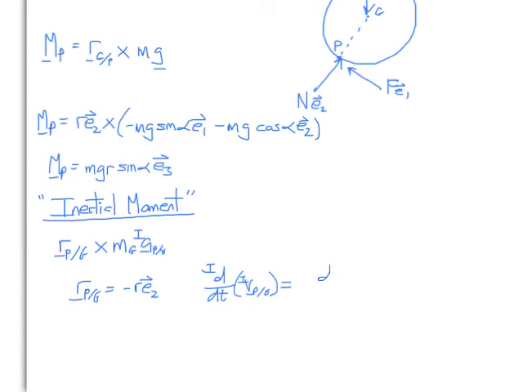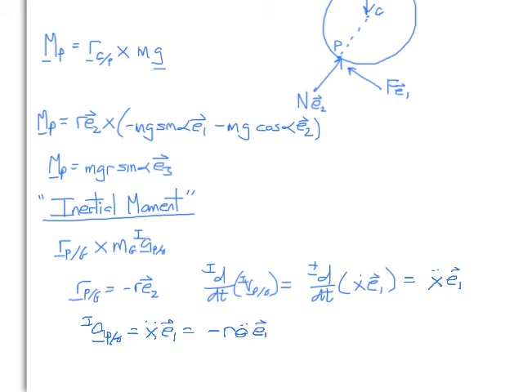This is the time derivative of x dot in the E1 direction, which gives us x double dot in the E1 direction. So the acceleration of P with respect to O as observed in the inertial reference frame is x double dot in the E1 direction, and we've defined x double dot before as negative r theta double dot, in the E1 direction when we apply our constraint.